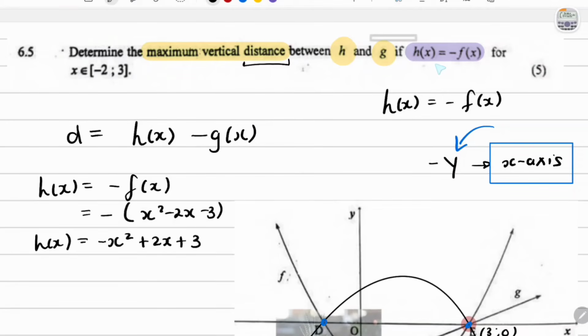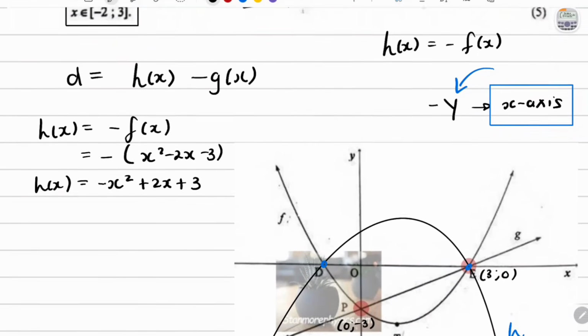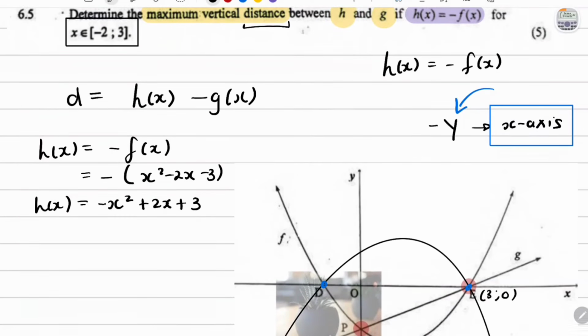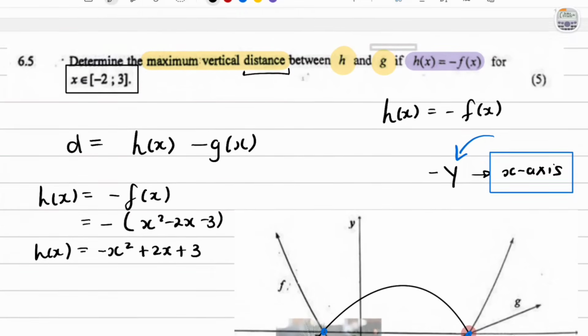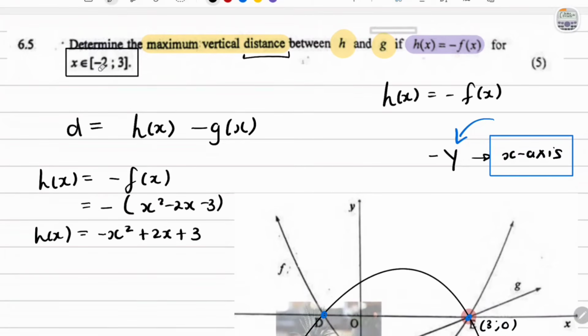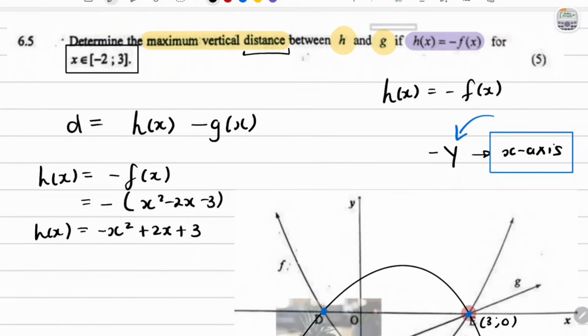But then after this, they say for where x is an element of -2 to 3. So what does that mean? Well, they're just saying you need to find the maximum vertical distance, but that distance is going to lie within the range or the domain of where x is going from -2 to 3.